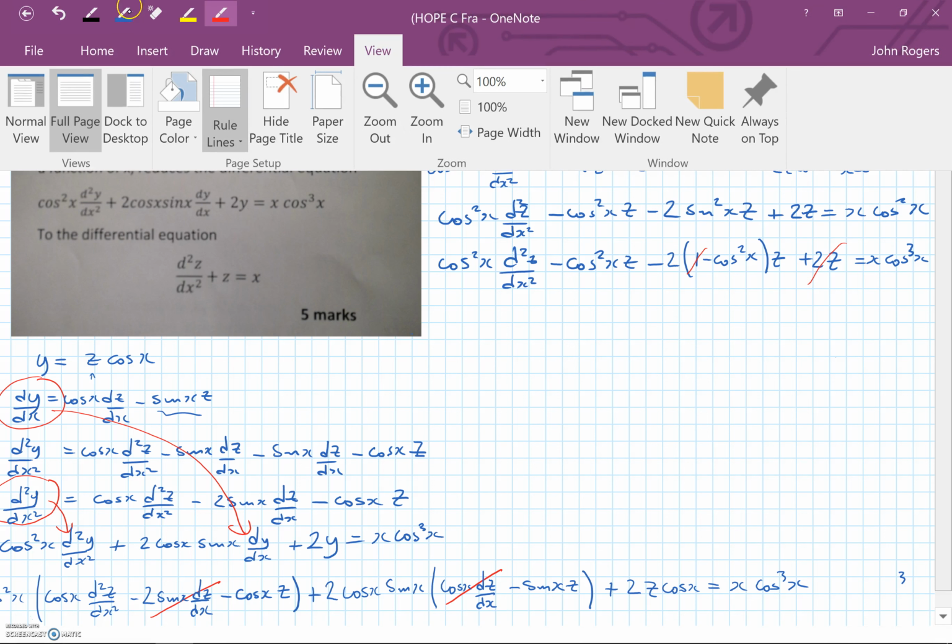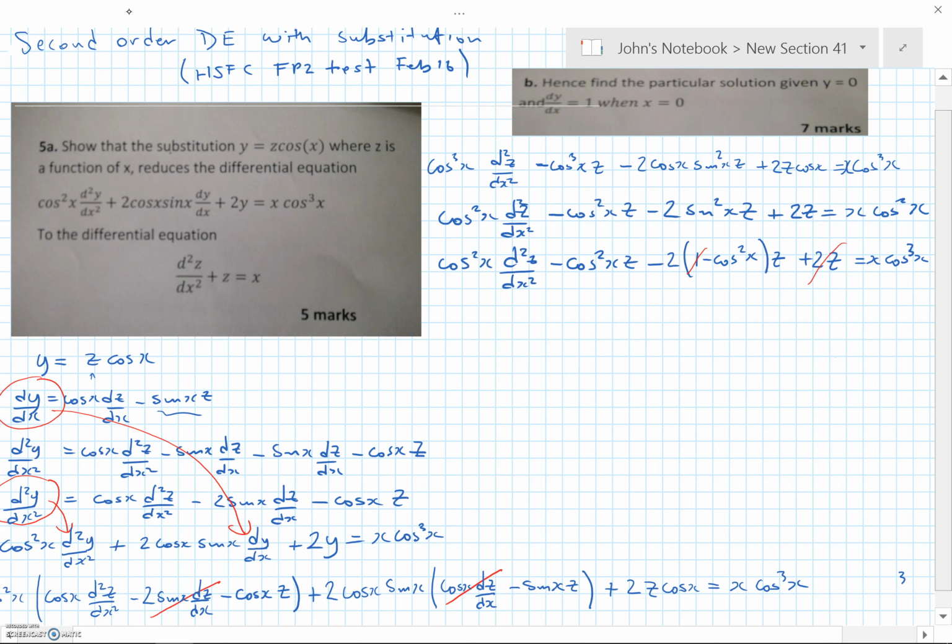So if I now multiply out again, it's getting close now: cos squared x d2z by dx squared, minus cos squared x z, plus 2 cos squared x z, is equal to x cos cubed x.